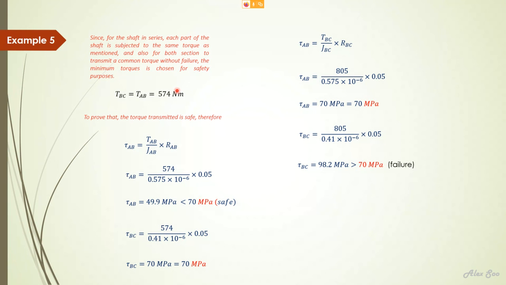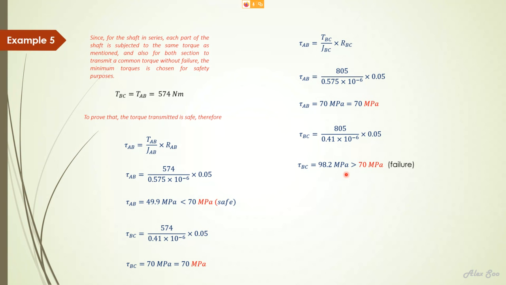What happens if I insist on supplying power more than that? Your shaft will snap, will break, because the shear stress induced is 98.2. That means the shaft is unable to withstand that amount of shear stress.